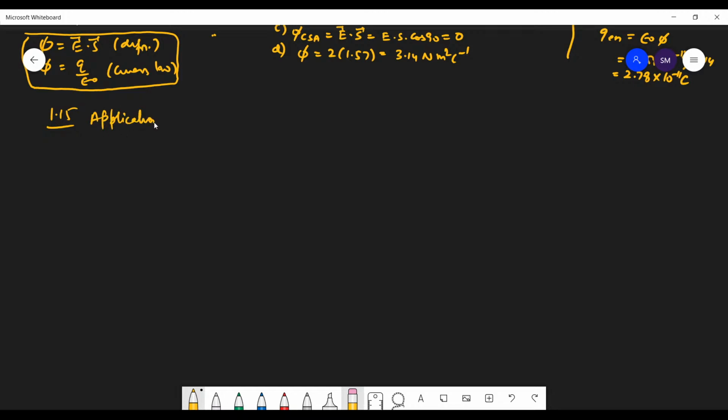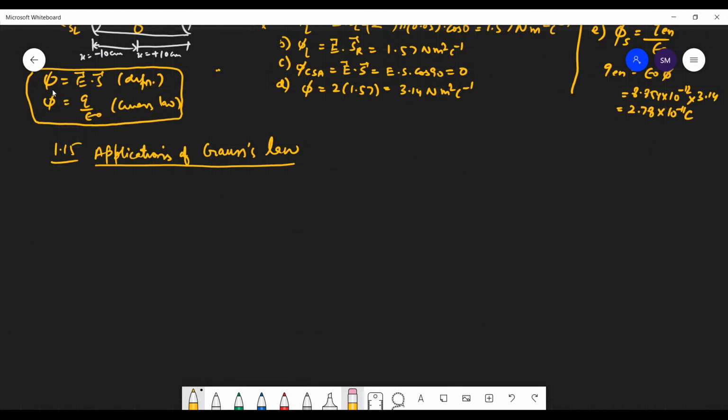applications of Gauss law. So we did yesterday that flux can be written in two ways. One is, by definition, it can be written as E dot S. It's a dot product, so flux is a scalar quantity.